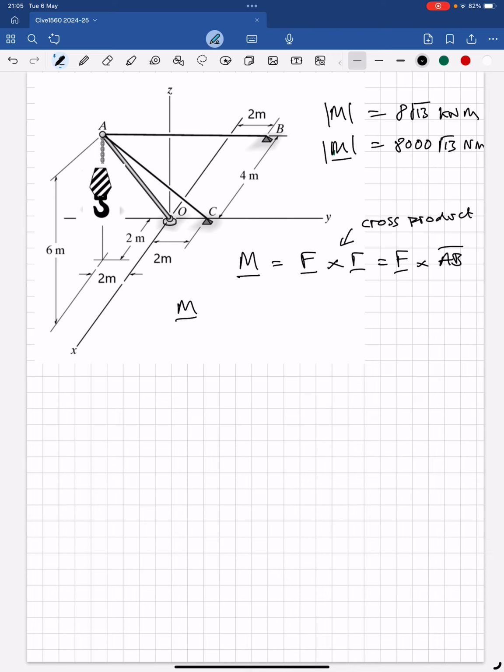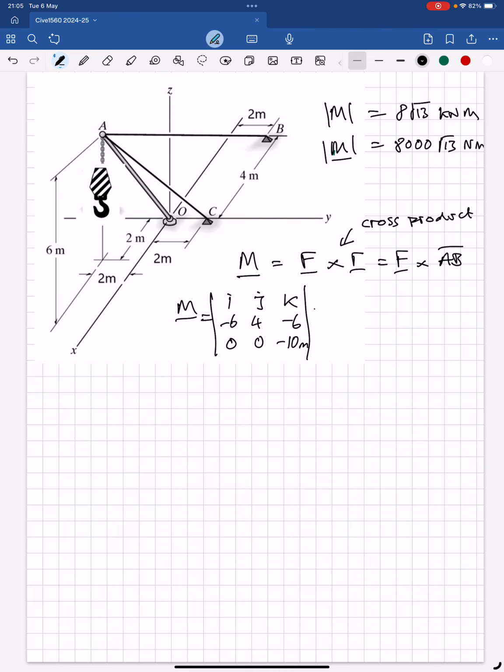So we can write that again. M is equal to the determinant of i, j, k. We write down the vector AB, and AB is minus 6, 4, minus 6, and F is our 0, 0, minus 10m, where m is the mass of the hook.